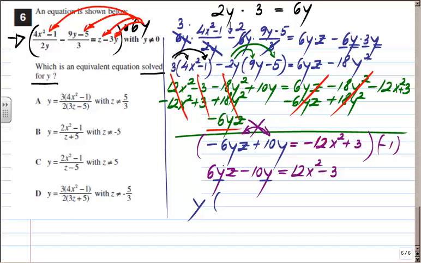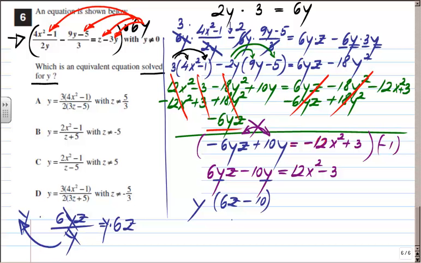Next thing, the common factor on the left side of your equation is y, right? It will be y times, and now you're dividing the 6yz by y. What are you going to be left with? I'm going to show you right here. 6yz, if you divide that by y, which goes outside as a common factor, what happens to your y? Y will go away and you will have only 6z, right? And it will be y times 6z. So I have y times 6z minus 10y divided by y, by the same approach, will be minus 10.